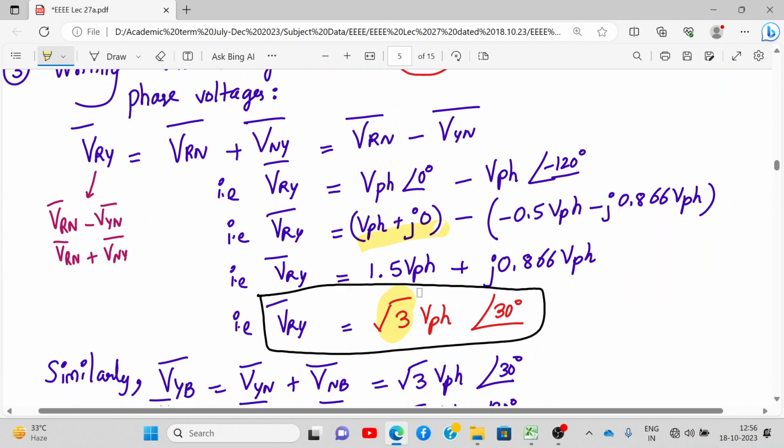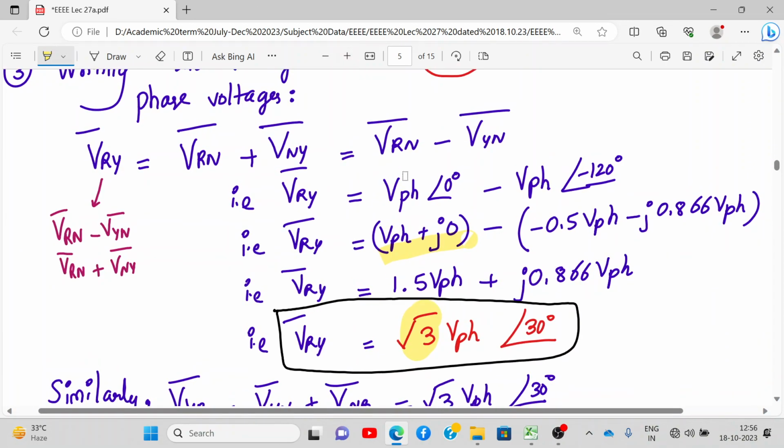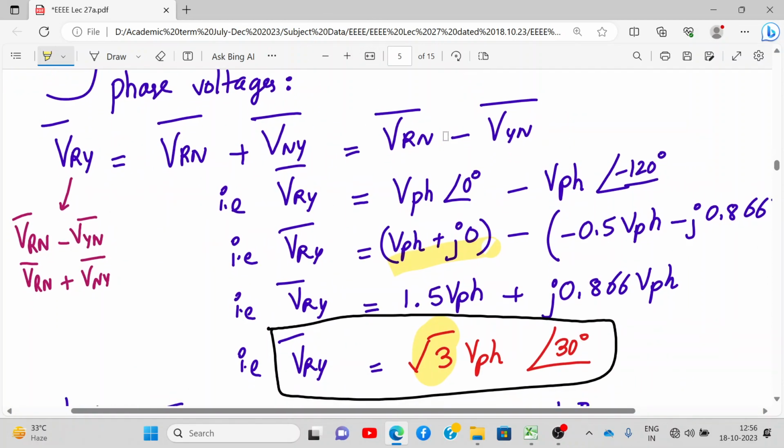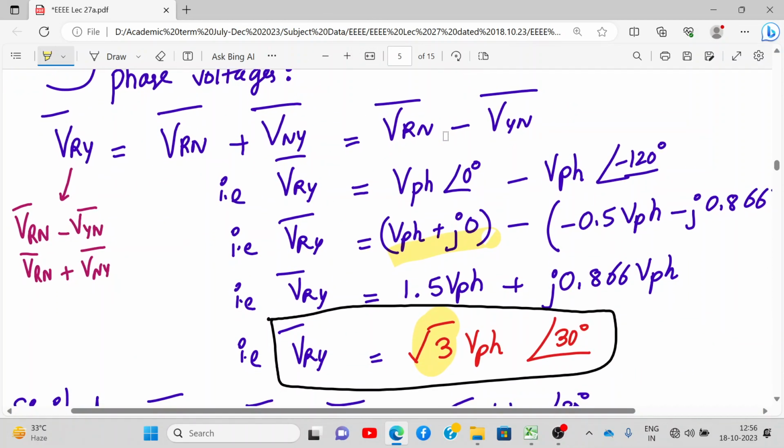So write that VRY up till here. Complete it fast. The others I'll explain, but this you write. What are we writing? Deriving the relation between line voltage and phase voltage. So what's the relation?